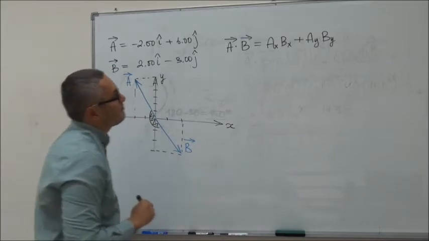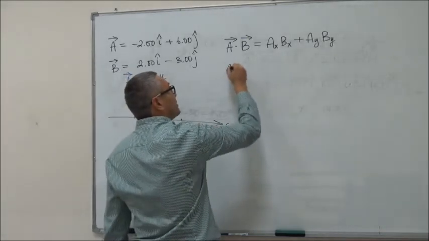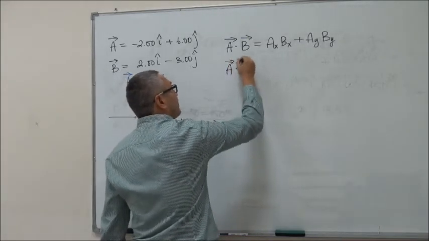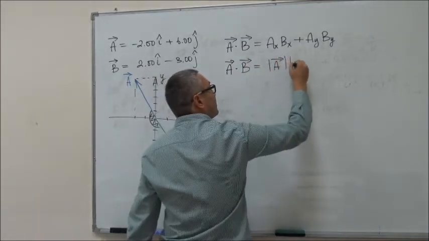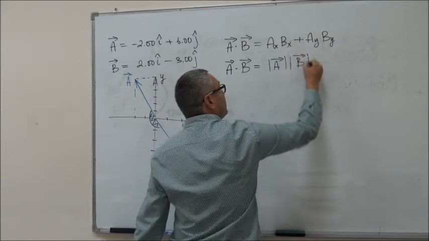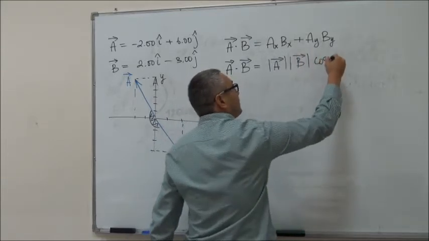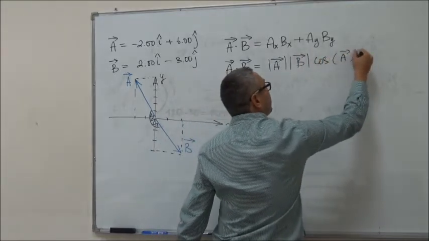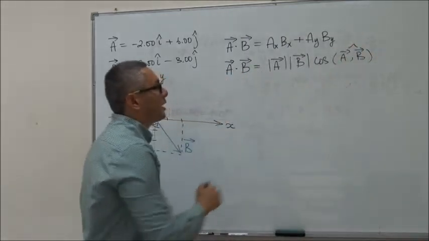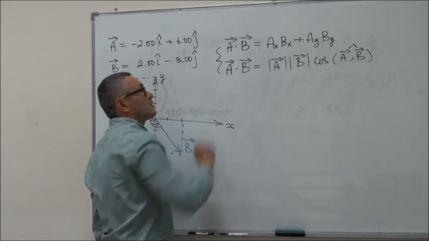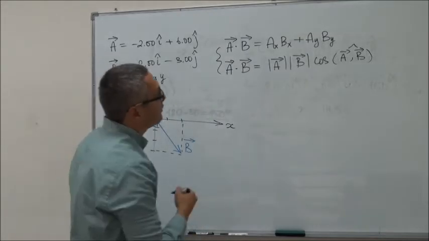On the other hand, we know that the scalar product can also be written as the magnitude of A times the magnitude of B times the cosine of the angle between them. So we can now set these two equations equal to each other and solve for the angle.